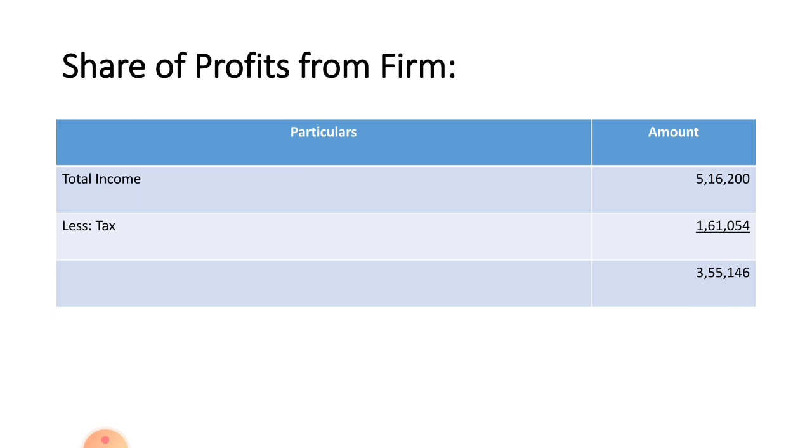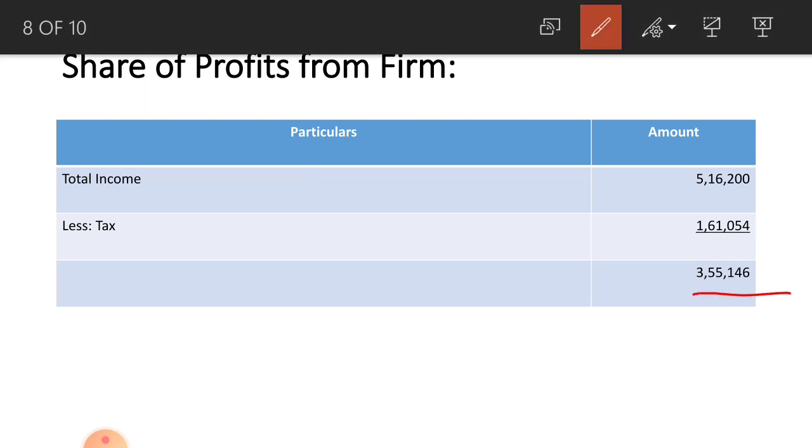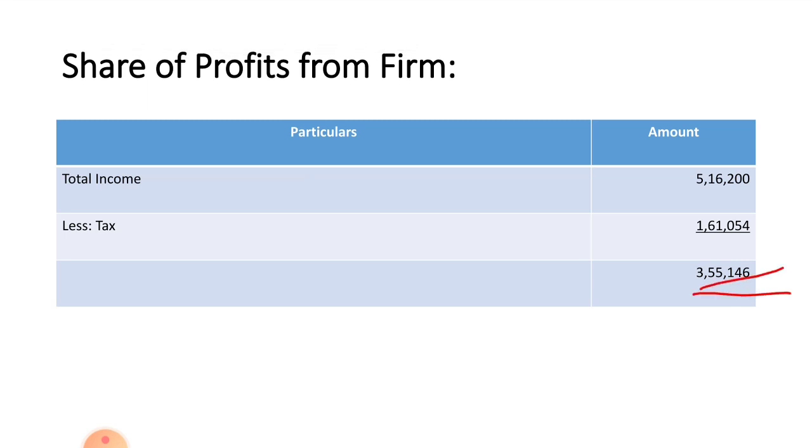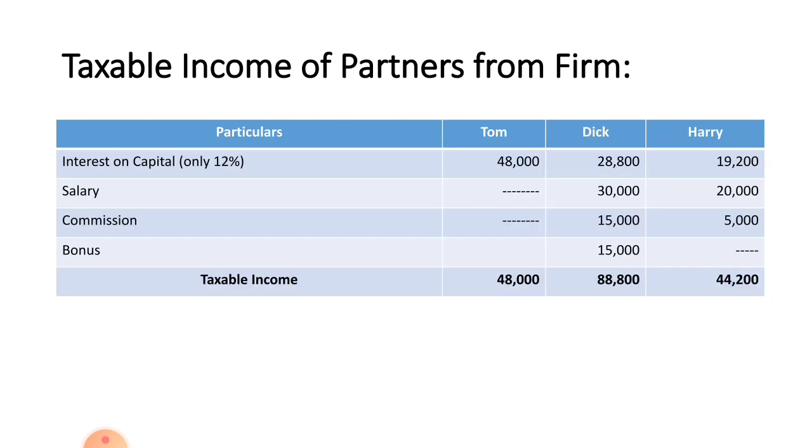How to calculate? Simple. From the total income you have to deduct a tax liability. You get the balance as the share of profit from firm to the partners, that amounts to rupees 3,55,146 rupees.